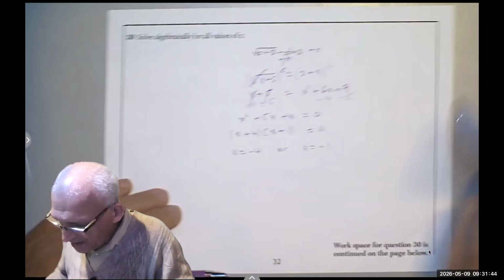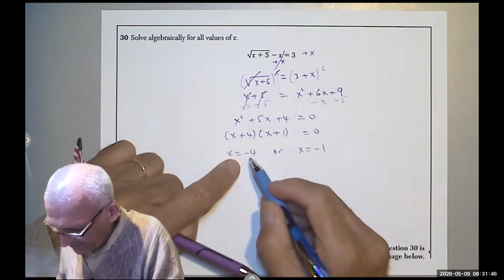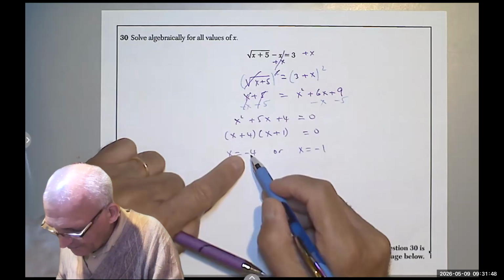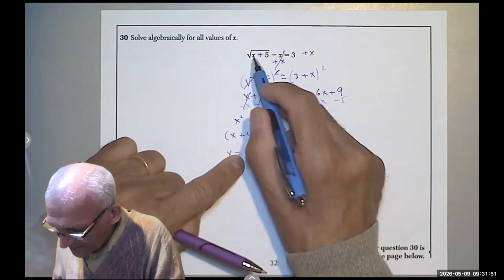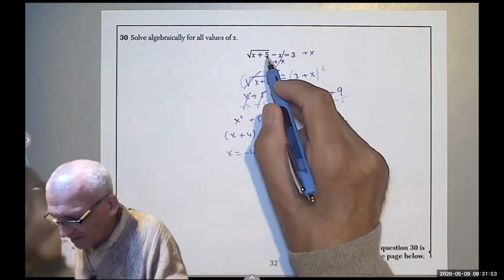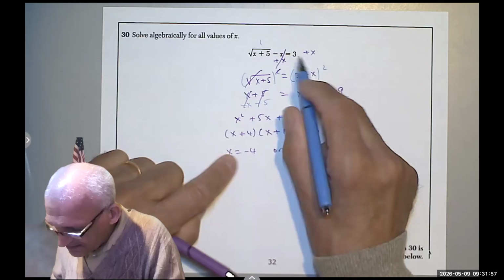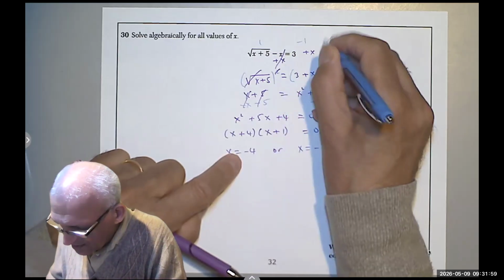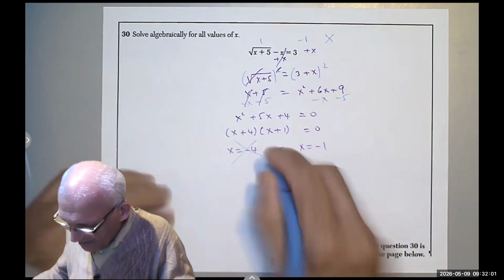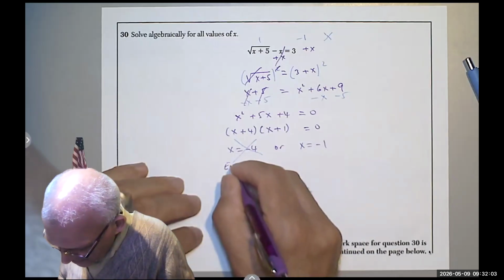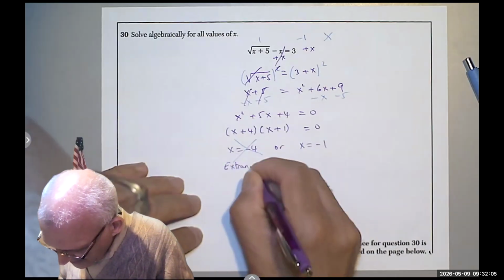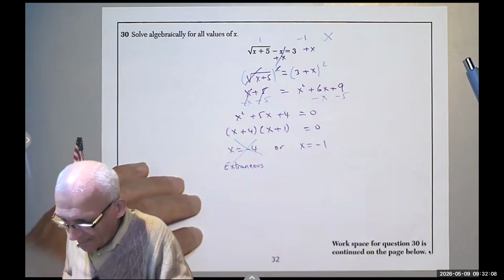Now, I go and substitute. If I substitute x equals negative 4, I get the square root of negative 4 plus 5, which is 1. So the left-hand side is 1. 3 plus x is 3 minus 4, which is negative 1. So I cross this one out and I say extraneous. Why? That's the one I introduced.